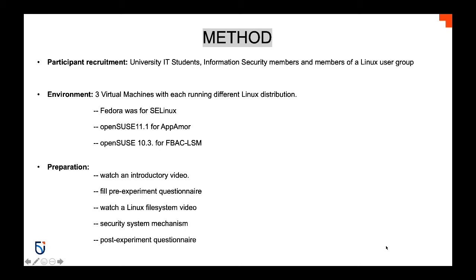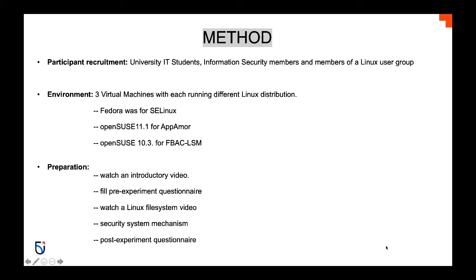To do this, they set up 3 virtual machines, each one running one of the 3 security mechanisms, because no single distribution supported all the 3 security mechanisms. And so, Fedora was used for SELinux, while OpenSUSE version 11.1 was used for AppArmor, and OpenSUSE version 10.3 was used for FBAC-LSM.